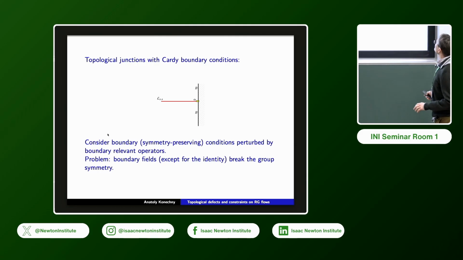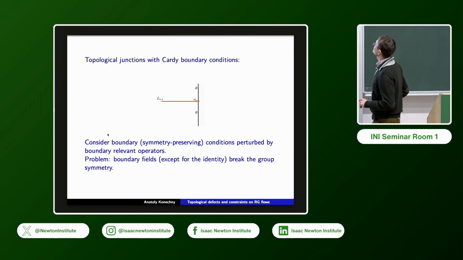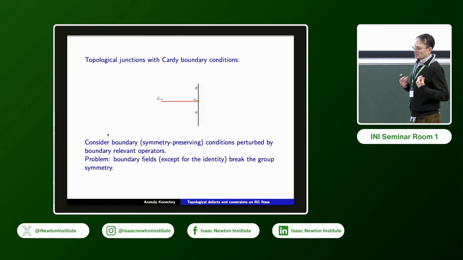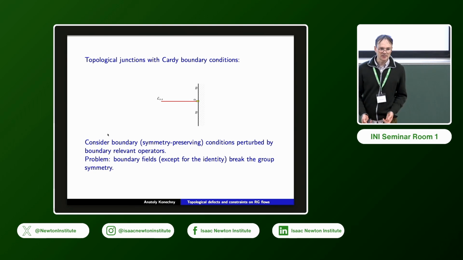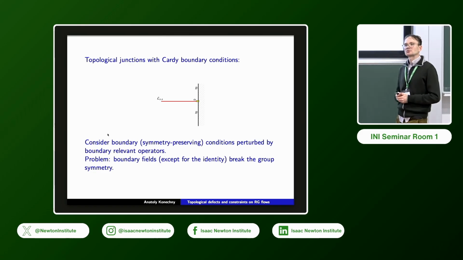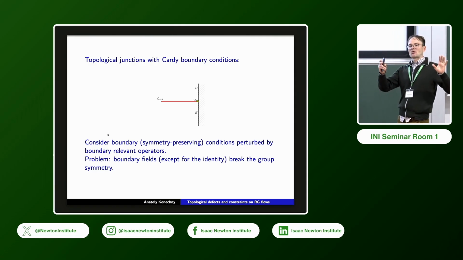Here, it doesn't seem possible to do in this naive manner. Each of your boundary fields will carry some representation of the group. Then you will end up in some symmetry breaking conformal boundary condition in the infrared, and we don't have a complete classification of those. It might be just the G-twisted boundary conditions, but maybe not. Nobody guarantees that.